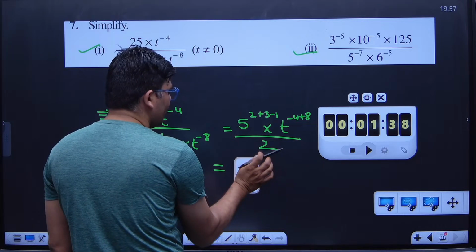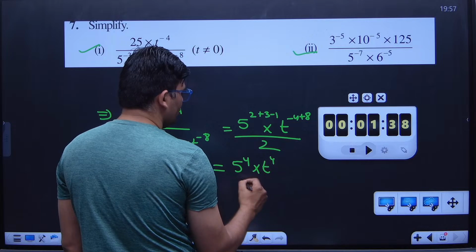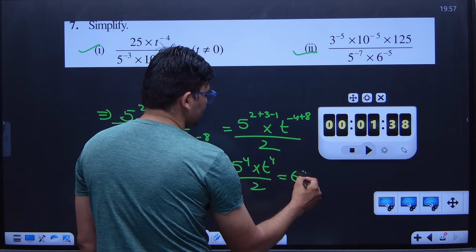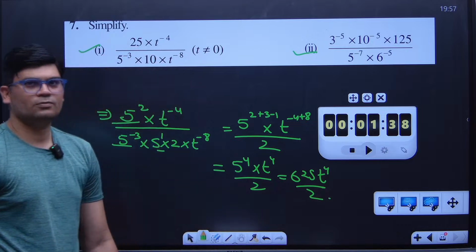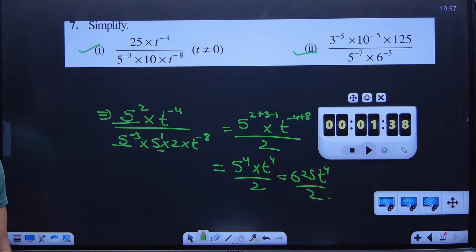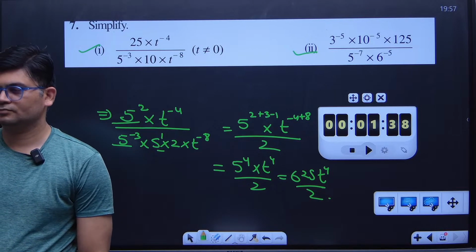So it will become 5 raised to the power 4 into 3 raised to the power 4 divided by 2. So it is 625 into 3 raised to the power 4 divided by 2. Understood? Yes, sir.